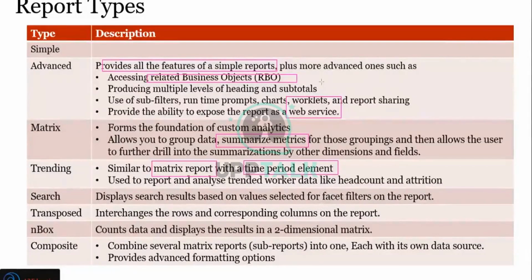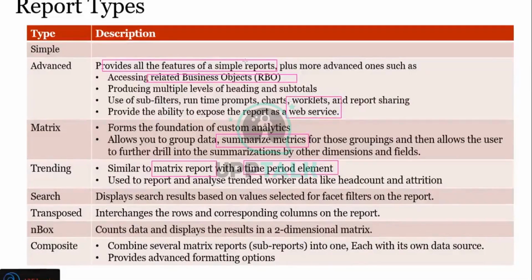While a matrix report gives me data as of right now, such as the number of employees in different locations as of today, with trending reports I can see a trend. For example, how many employees are joining versus leaving, and the overall headcount in my organization over the last 2 years.